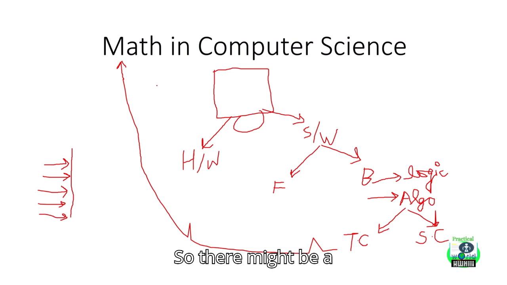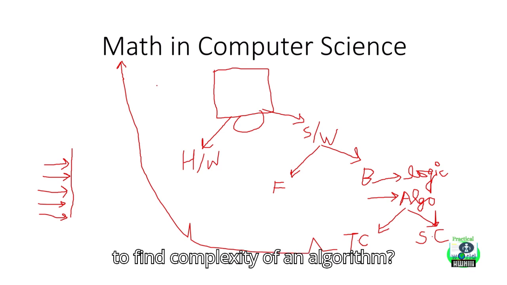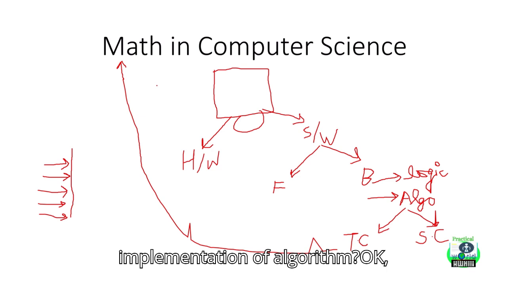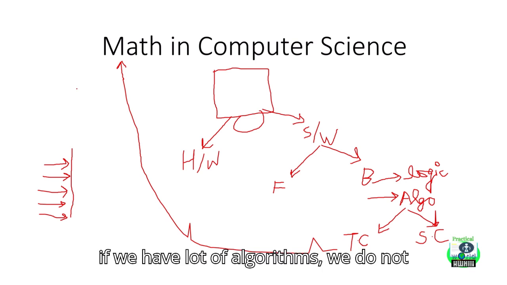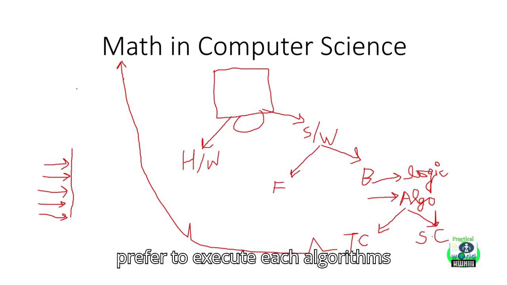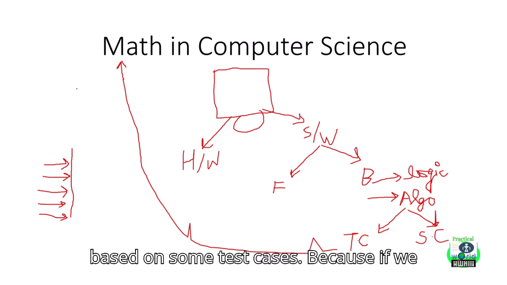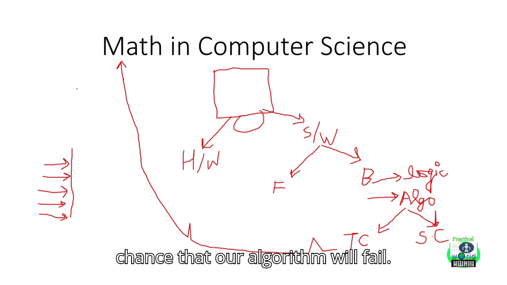There might be a question: why do we use mathematics to find the complexity of an algorithm? Why do we not write and execute the implementation of the algorithm? My dear friends, if we have a lot of algorithms, we do not prefer to execute each algorithm on some test cases, because there is a chance that our algorithm will fail.